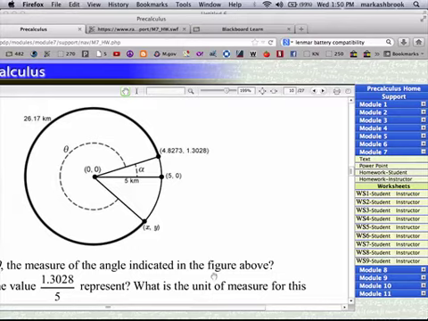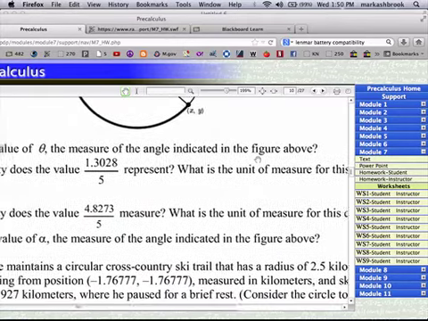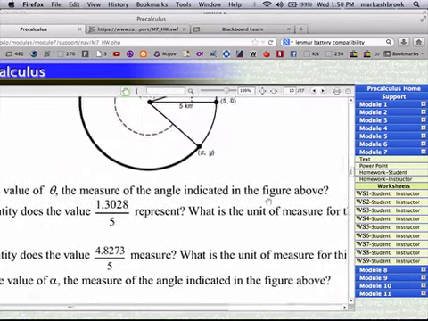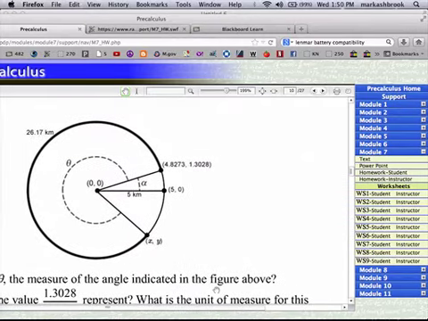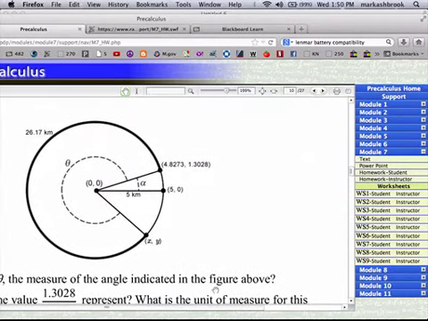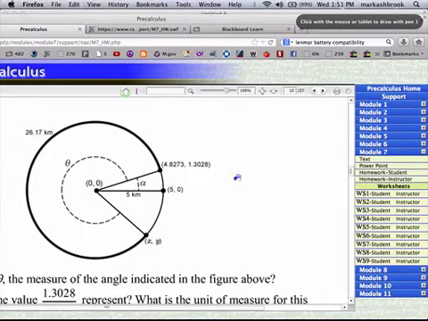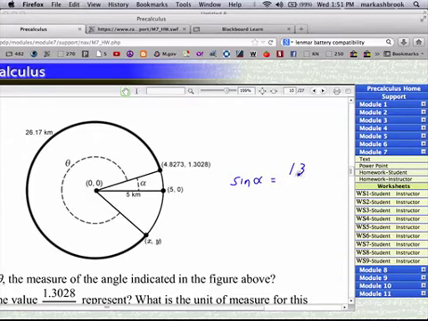What's next? So we got theta. We know what those two are. What's the value of alpha? So this is kind of going backwards. Let's just work with sine. Sine of alpha equals 1.3028 over 5. That's what we just talked about.